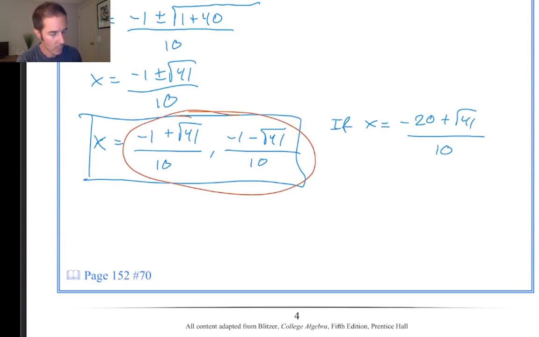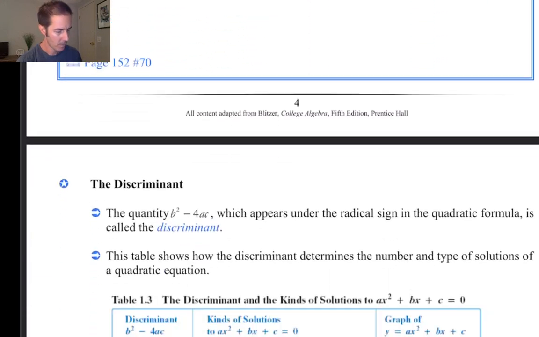You would have had -1 plus 7 divided by 10, -1 minus 7 divided by 10. You could have simplified both of those numerical answers. Those answers would have been rational numbers, fractional numbers, okay? But they're rational. They wouldn't have any square roots in them still.